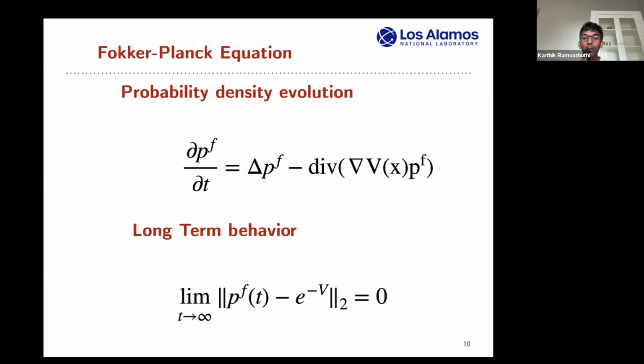So we are modeling the set of meaningful images using this probability distribution, exponential of minus V, which is also known as the Gibbs distribution. So this is the idea behind a classical way of doing machine learning. That is, you try to identify the potential V so that your initial noisy images will eventually end up on these meaningful images.